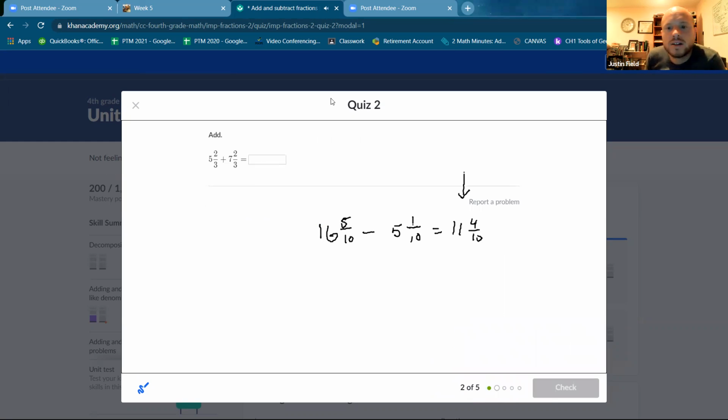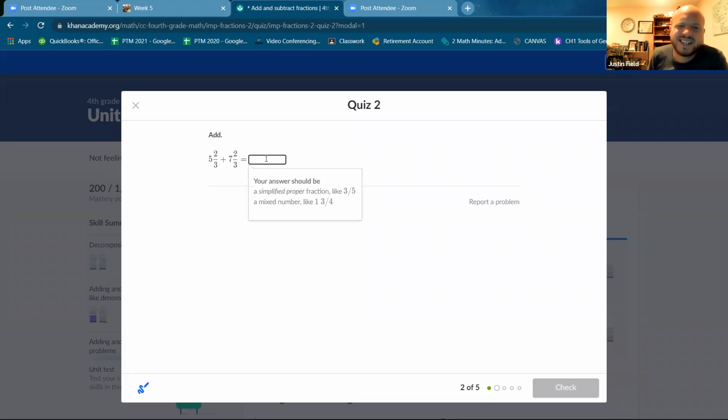So usually when I add and subtract mixed numbers, I convert them to improper fractions. But right now, we're going to see if we can get away with adding the whole numbers and adding the fractions. But see, this is what's going to happen. 5 plus 7 is 12, and then we get 4/3.